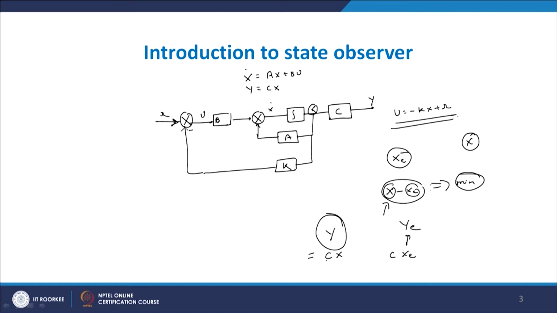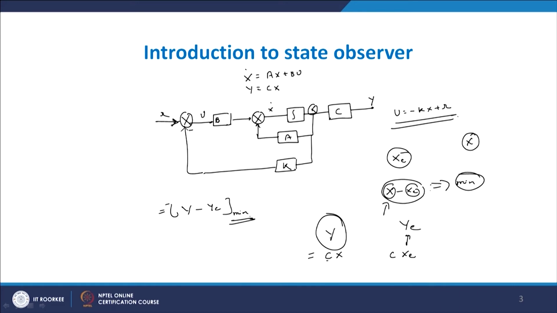That means C is common, and y is with respect to x, and this ye is also with respect to xe. So it is better to compare the output y as well as ye. If the error between the actual output and the estimated output is minimum, it means that whatever state we have estimated is proper, and properly we can design the controller. It means that the difference between y and ye must be minimum.